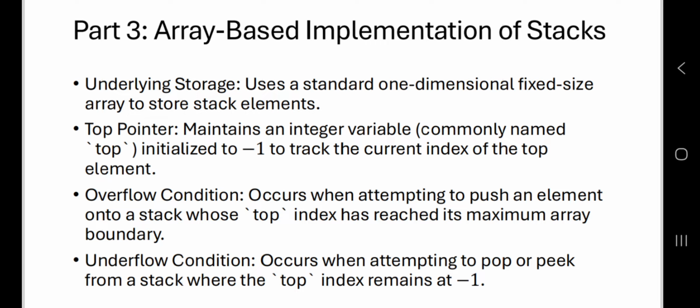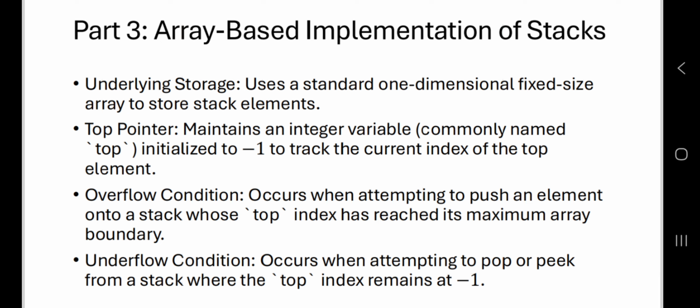Because our array has a fixed size, we have to watch out for two critical conditions. The first is the overflow condition. This occurs when you attempt to push an element into a stack whose top index has already reached the maximum array boundary.